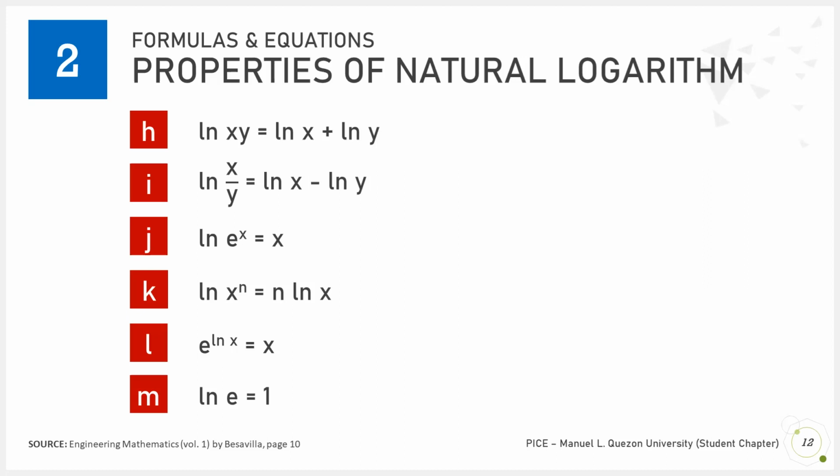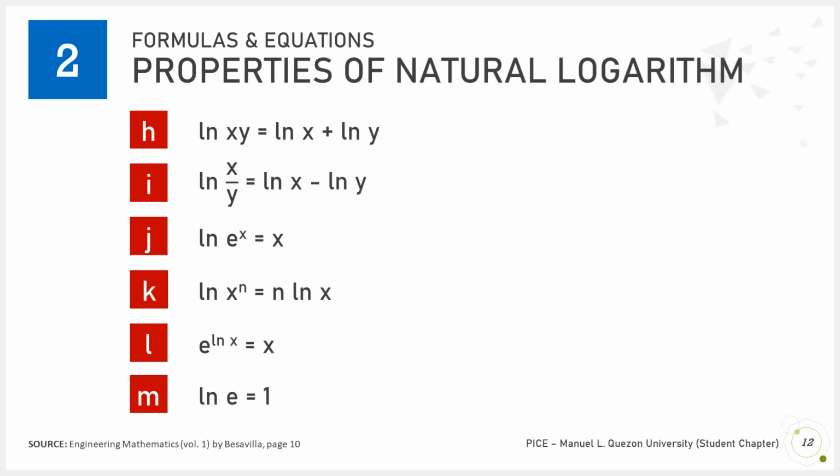If you notice, properties H and I, the first two properties of natural logarithm, are similar to the first two properties of common logarithm. The first property involves a product of two terms in the argument of the natural logarithm, and the second property involves a quotient of two terms.